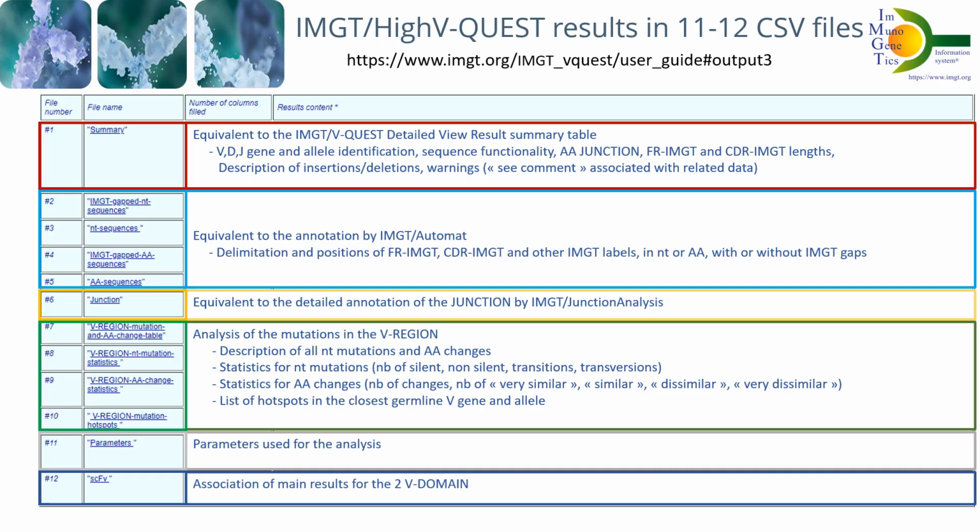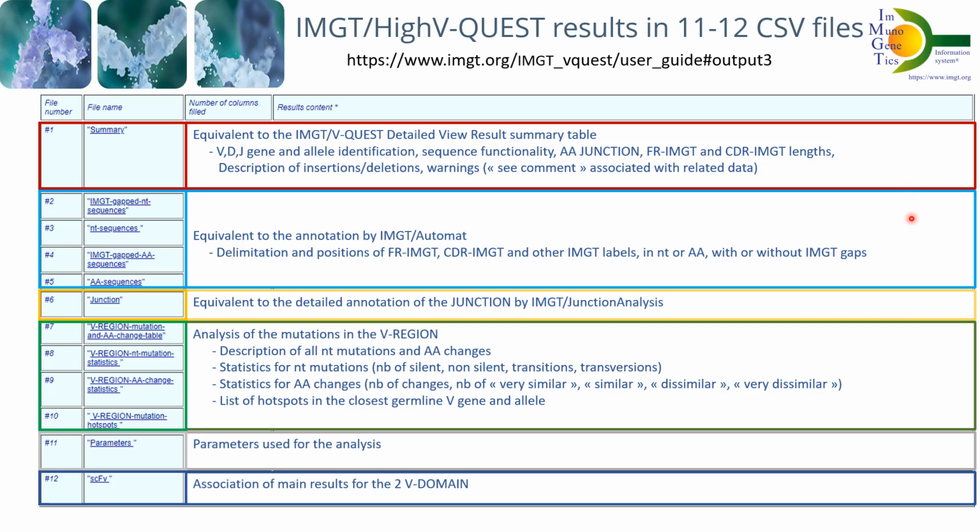In a more global way, the first file corresponds to the IMGT V-QUEST detailed view result summary table with the V, J, G chain and allele identification, the sequence functionality, the amino acid junction, the FR and CDR lengths, the description of the insertions and deletions, and the display of the warnings.